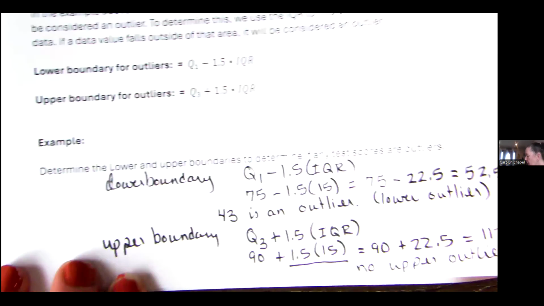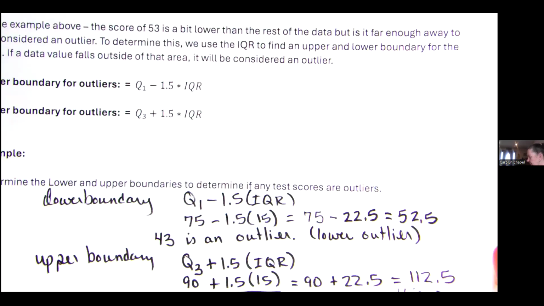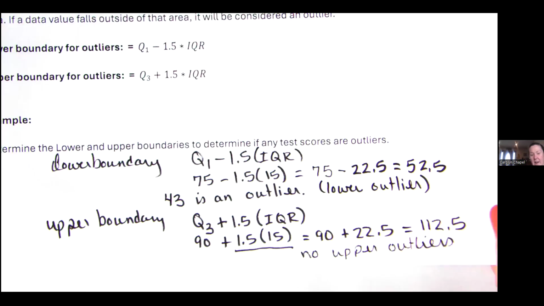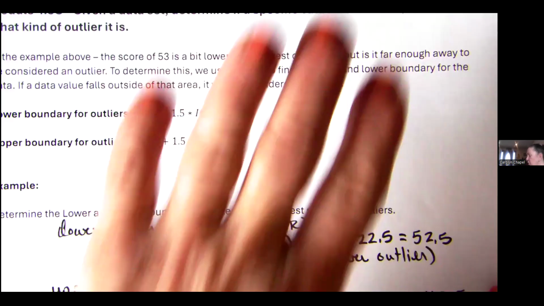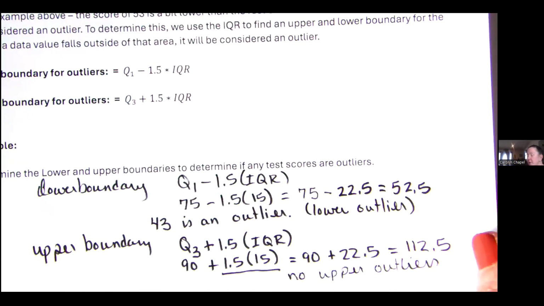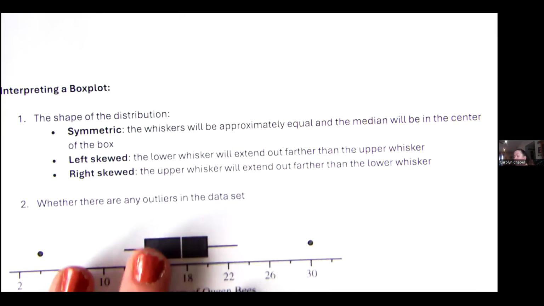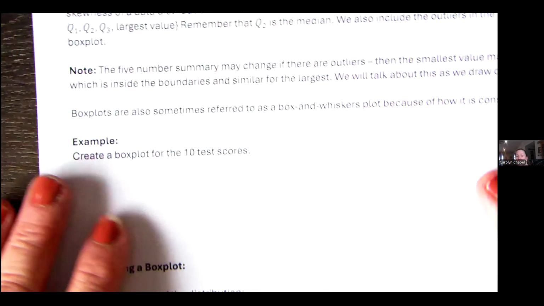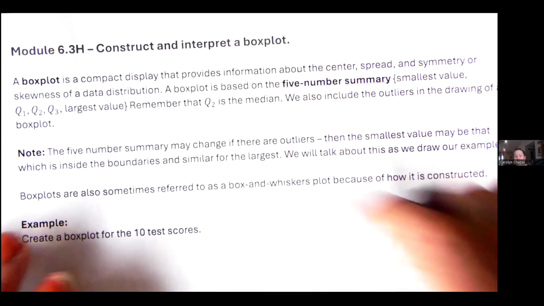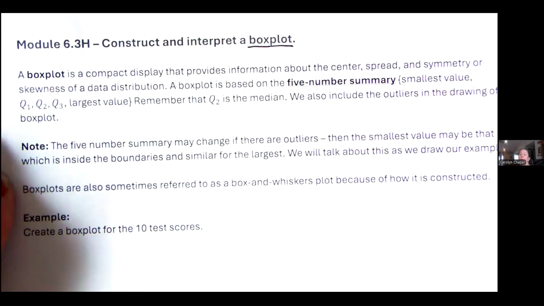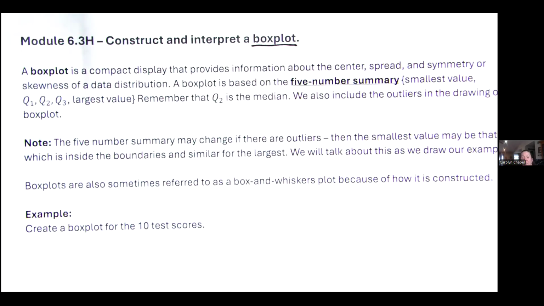Okay. Using all of this information, we can also make a picture of what we've gotten with the Q1s, the Q2s, the Q3s, boundaries and outliers and so forth. When we do that, what we can create is something called a box plot. A box plot is going to use those pieces that we talked about to create a picture.